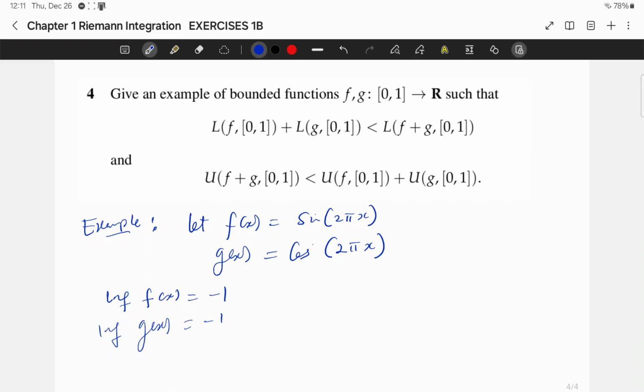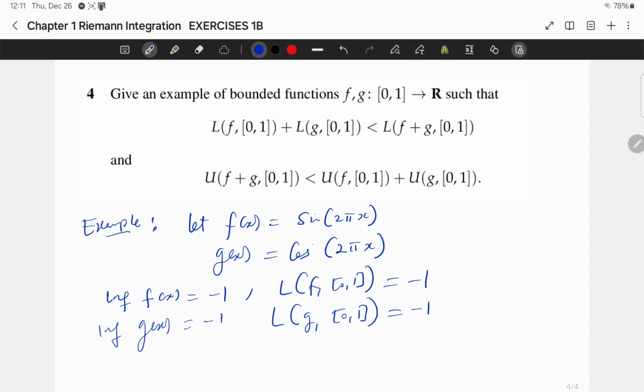Okay, so that means that if you take the lower Riemann sum of these two guys, it's minus 1, then the lower Riemann sum of this also equals minus 1.